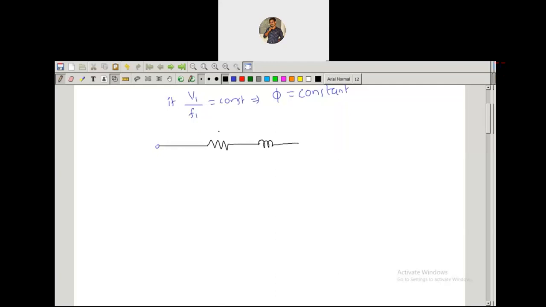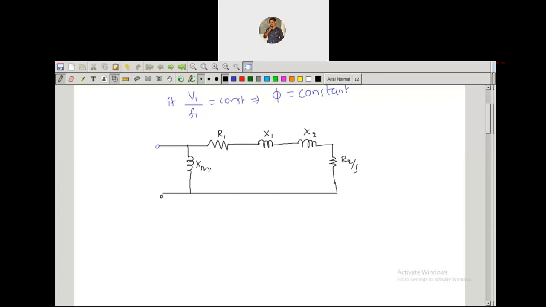This is the stator resistance R1, stator reactance X1, and coming to the rotor side, referred to the stator, X2 and R2 by S. And this is the magnetization reactance XM, right?